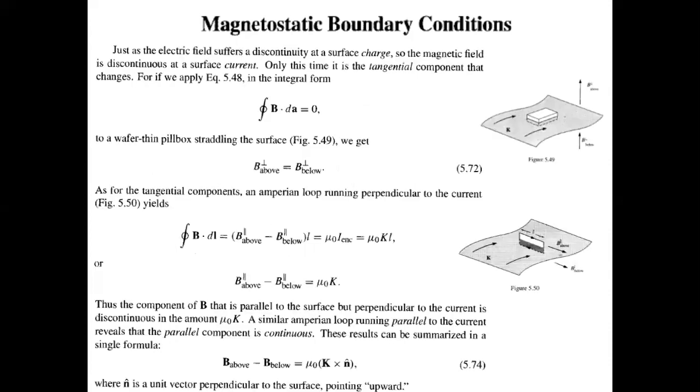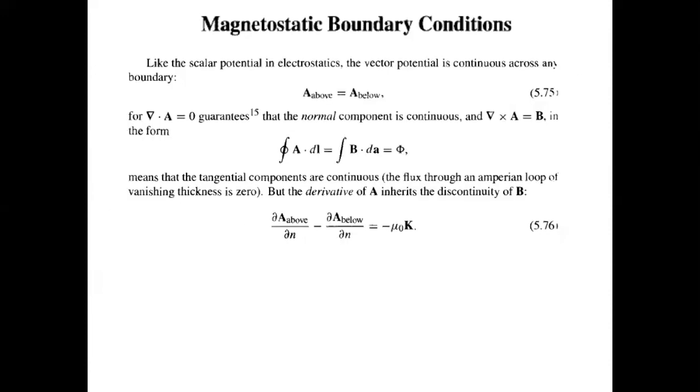So if we have this kind of scenario, we can compare it for the vector potential, and the vector potential is continuous across the surface. The divergence of A guarantees that the normal component is continuous, and the curl of A equals B in this form gives you this, which means the tangential components are also continuous.